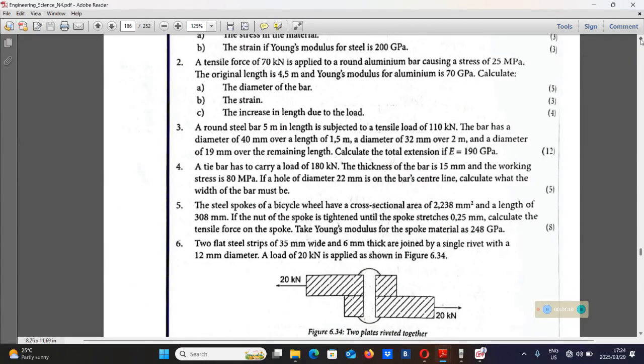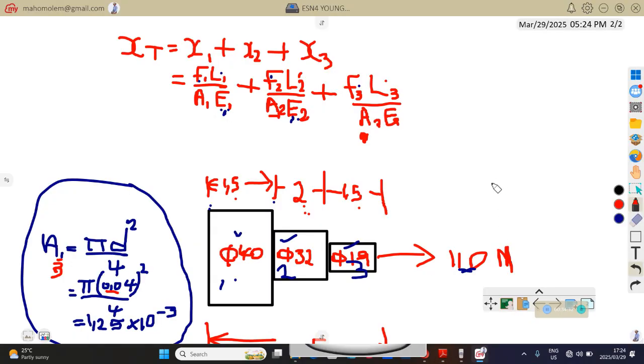These two problems, this one and this one, I discussed on the previous lesson. I'm not really going to repeat it, but this is the part where, to calculate your area, you are going to use this.